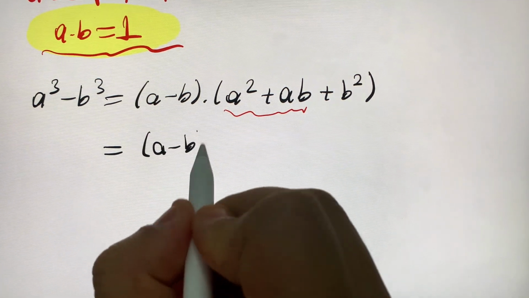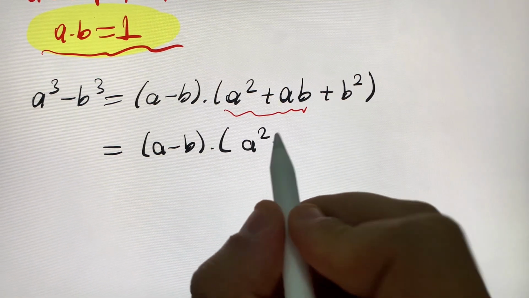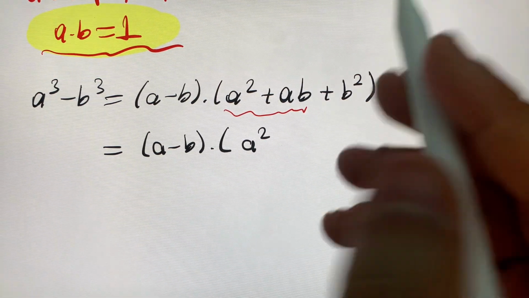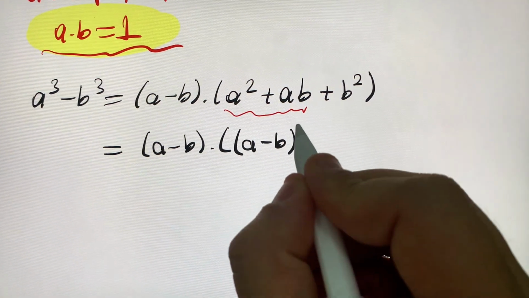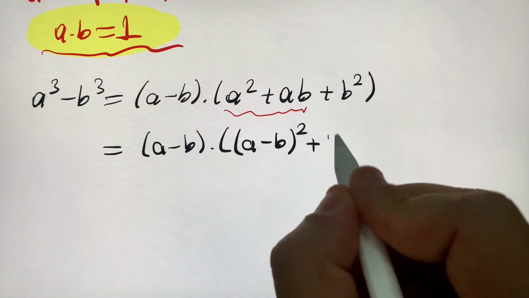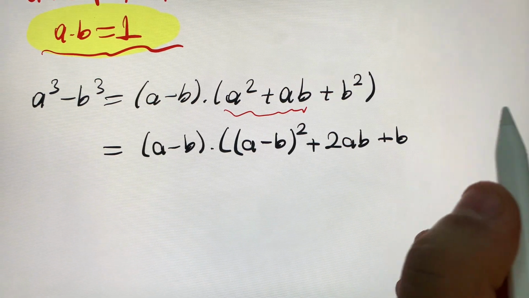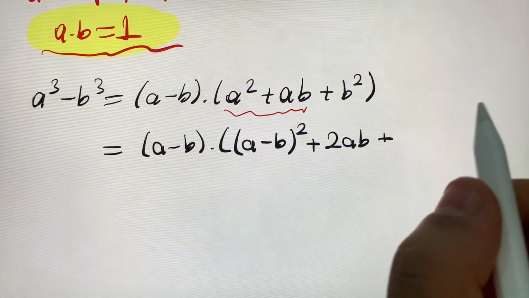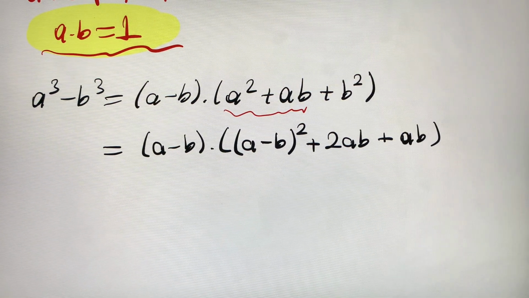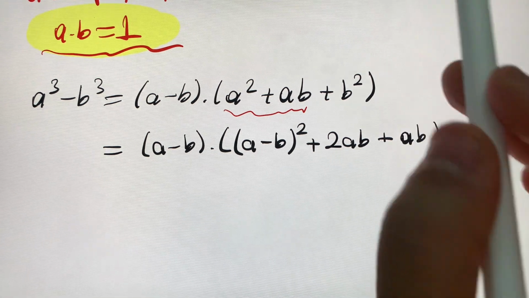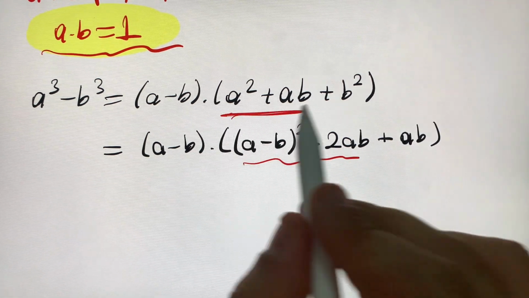A minus b times, in brackets, a minus b squared plus 2 times a times b plus a times b. There was only ab left, I can write it in the form of a times b. Now if you pay attention, when you open this part, it will give us the statement here again.